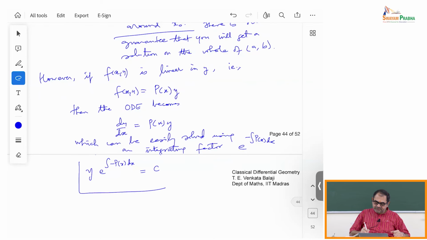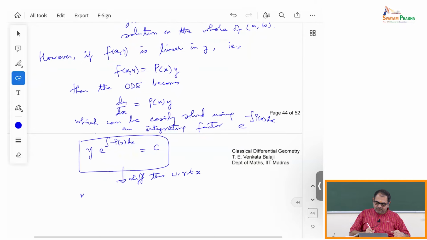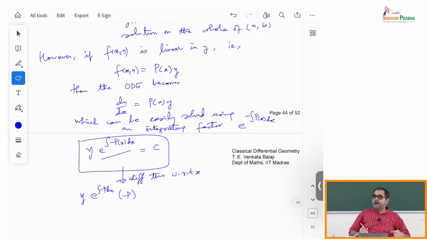Because if I differentiate this with respect to x, what will you get? You will get e power minus integral p(x) dx times minus p, plus e power minus integral p(x) dx times y dash, is equal to 0, okay.